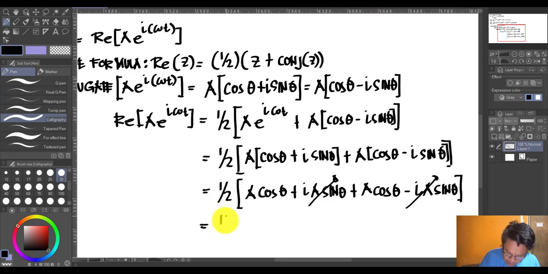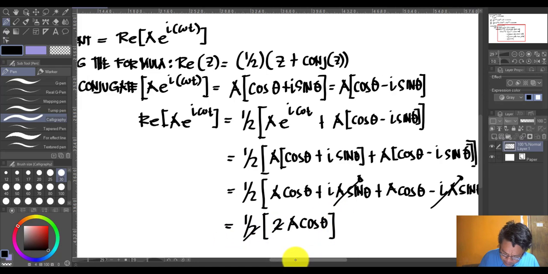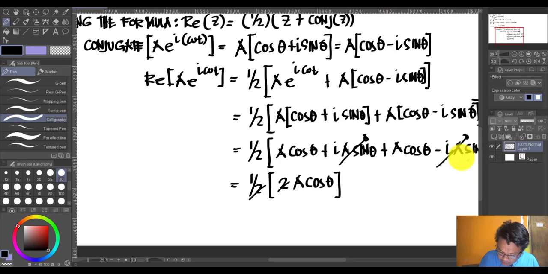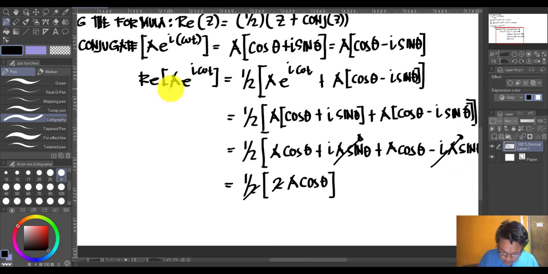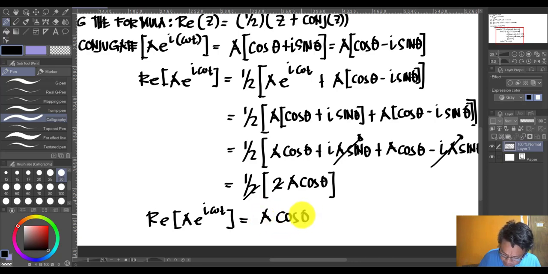So we have 1/2 times 2A cosine of theta. That is what remains. So the real part of my displacement, Re of A e raised to i angular velocity times time, is A, the amplitude, times cosine of theta.